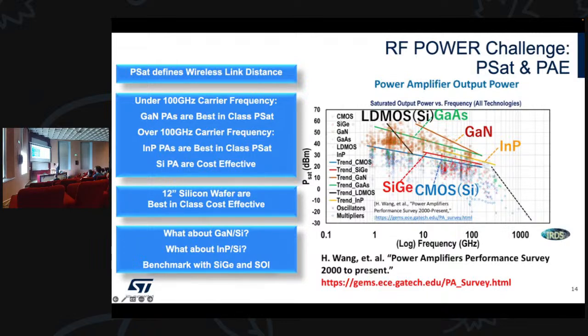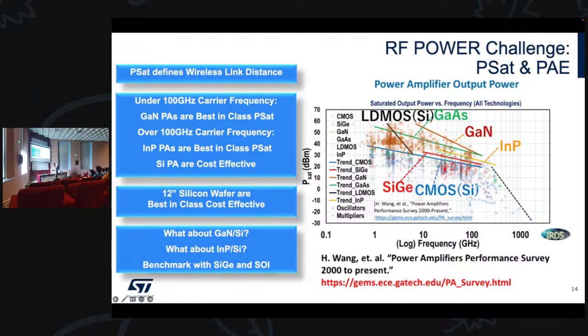What you can see with this is that under 100 gigahertz carrier frequency, the GaN PAs are the best in class. Over 100 gigahertz carrier frequency, the InP are the best in class, but they have to be benchmarked to a CPA because they are not cost effective. They are used for military activity mainly.